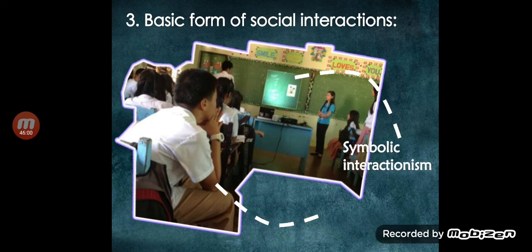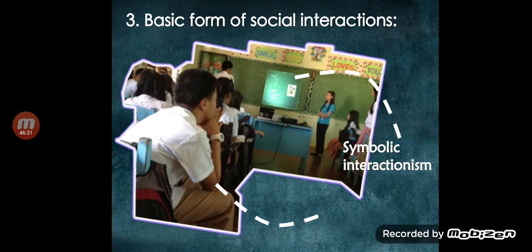Okay. The symbolic interactionism. When we say symbolic interactionism, it all started from Charles Horton Cooley and George Herbert Mead, when an individual is related to society. They can relate to the society through ongoing social interactions.